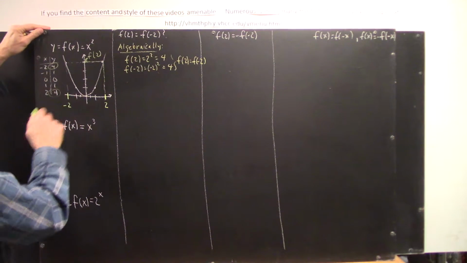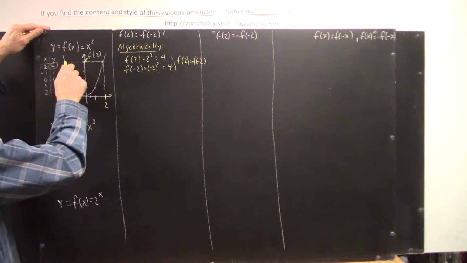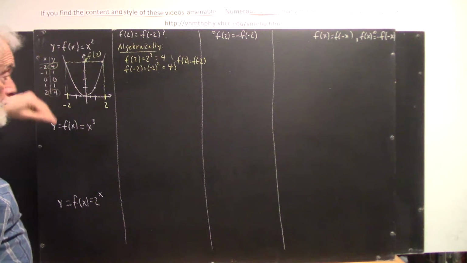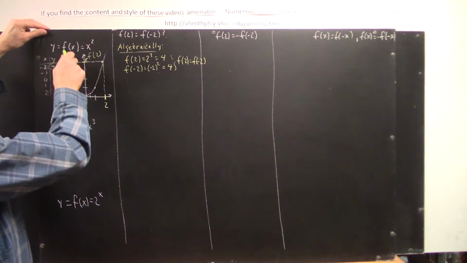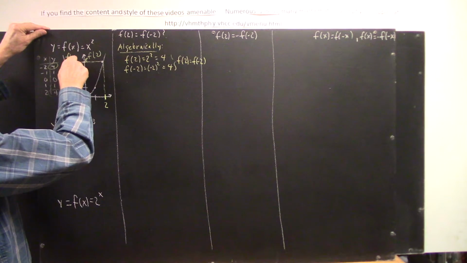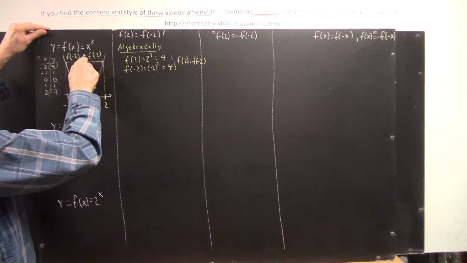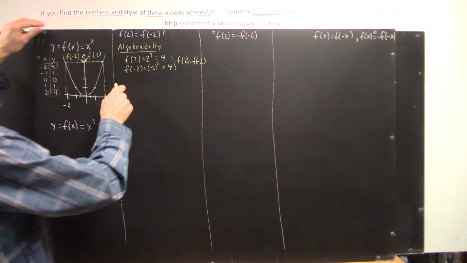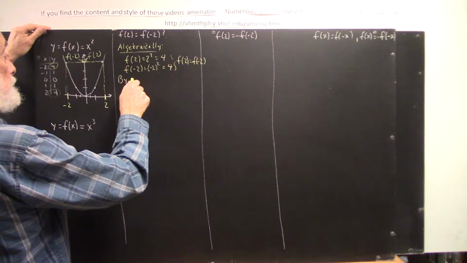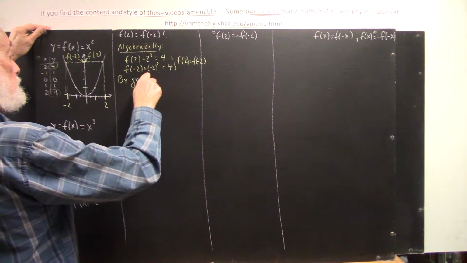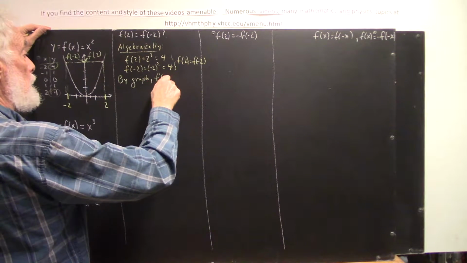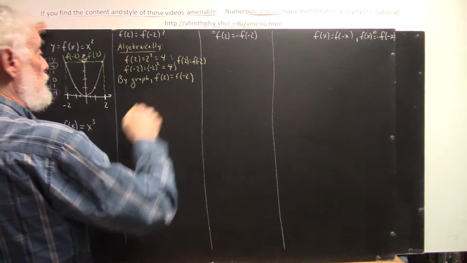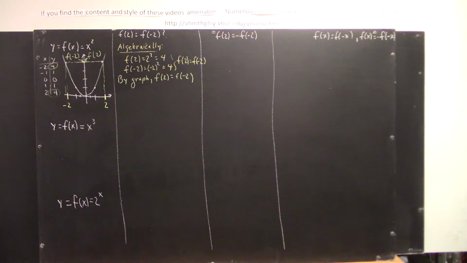For negative 2, we do the same thing. We come up to the graph and we come over, and no surprise, if the graph is very accurate and if we've done our projections very accurately, we find that f of negative 2 occupies the same point on the y-axis. So by the graph, f of 2 equals f of negative 2.